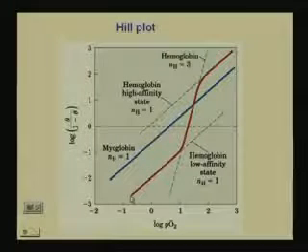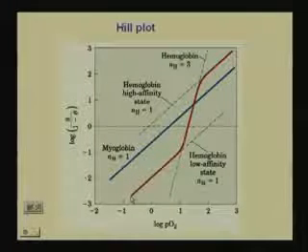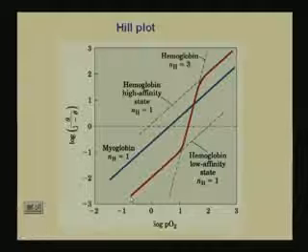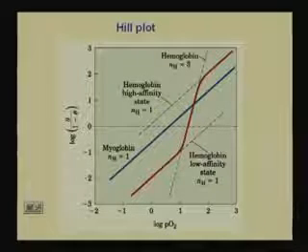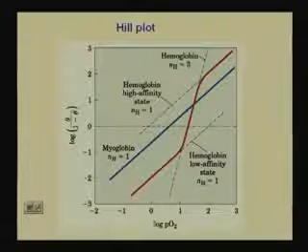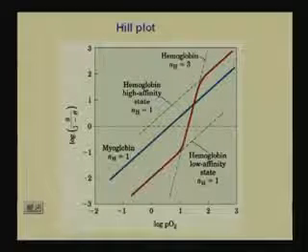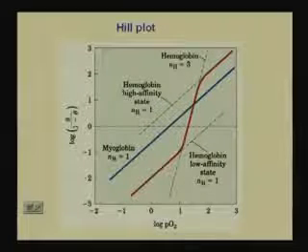Why? Because a ligand molecule has not attached to the heme yet. You get the cooperativity after the ligand has attached to the heme, right? As soon as one ligand attaches to the heme, when is that going to happen? That is going to happen at a specific pressure.